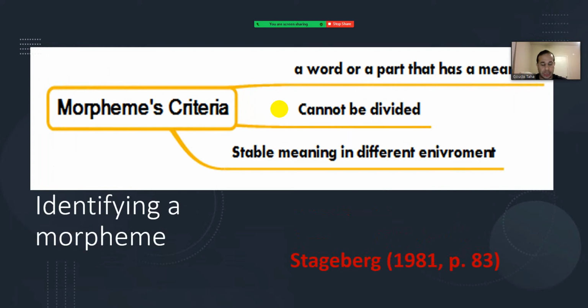He said, in order for a group of sounds to be labeled as a morpheme, they must have a meaning. So a morpheme is a word or a part of a word that has a meaning. Also, it cannot be divided because this is the smallest unit, and it has stable meaning in different verbal environments. For example, if we go back to the ology example, it means the study of or the science of.